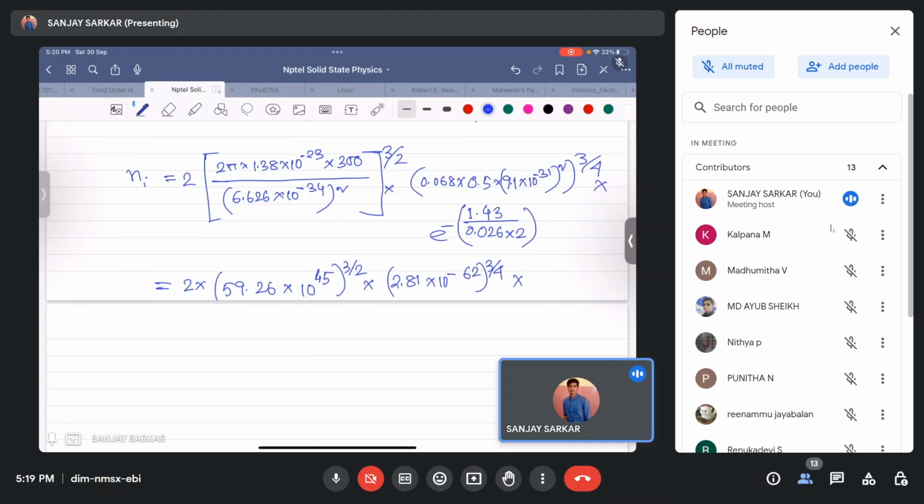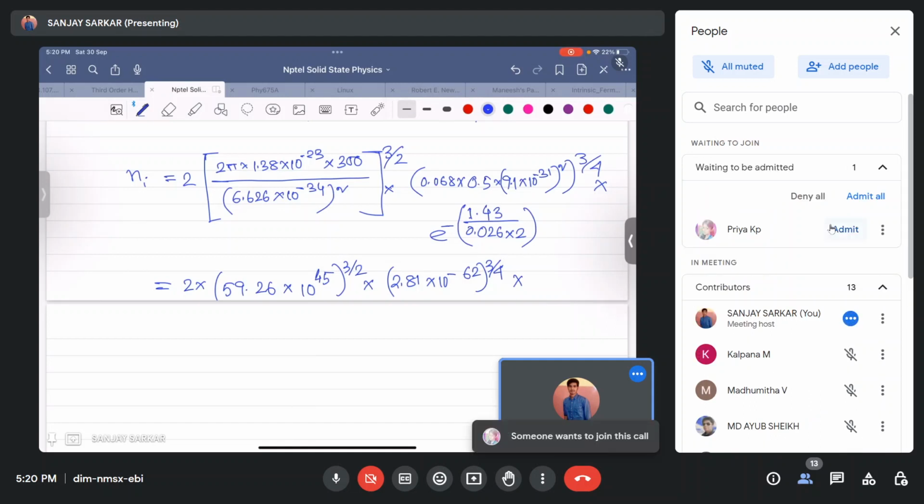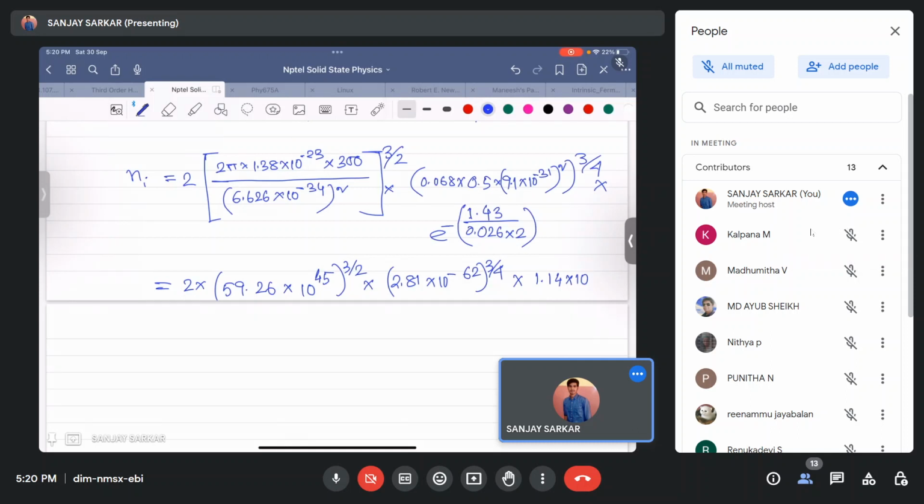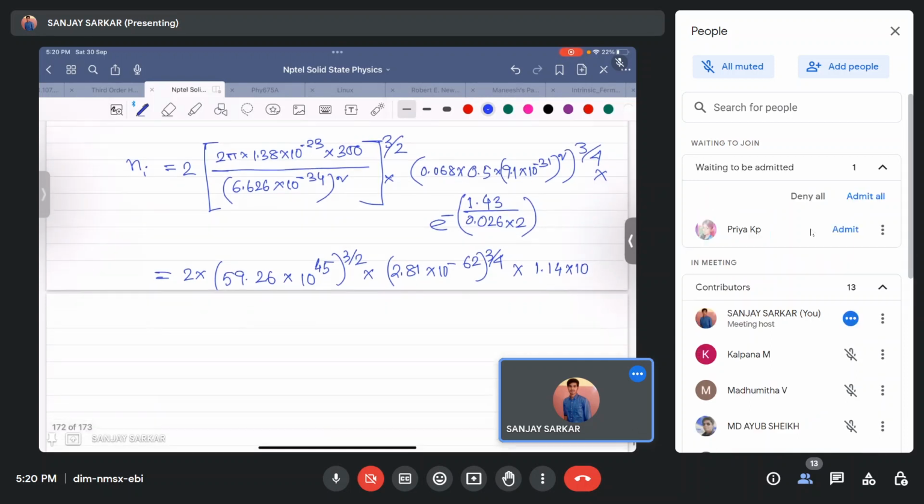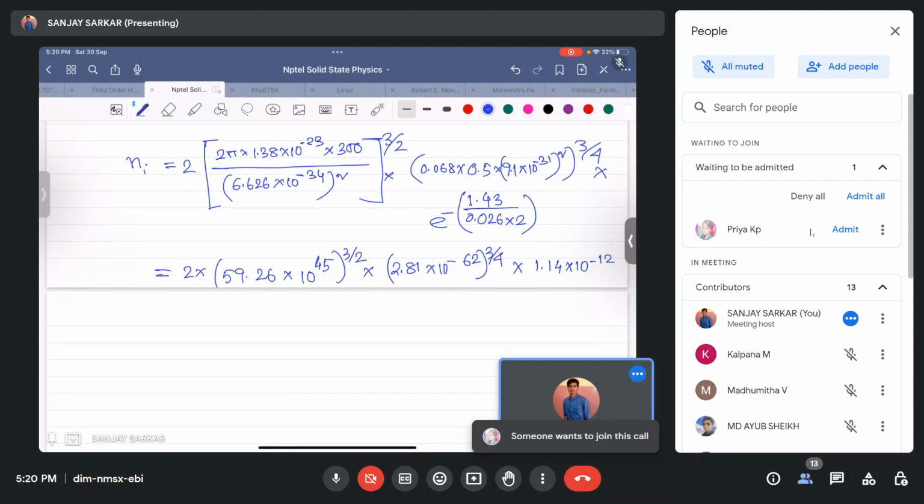So exponential of minus 1.43 divided by 0.052. So exponential of this value is 1.13 or 1.14 into 10 to the power minus 12.